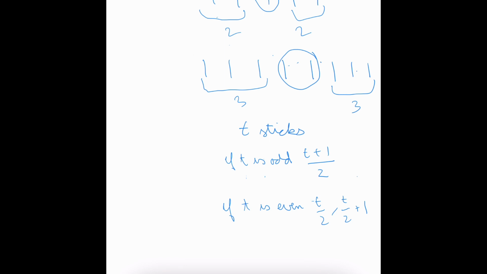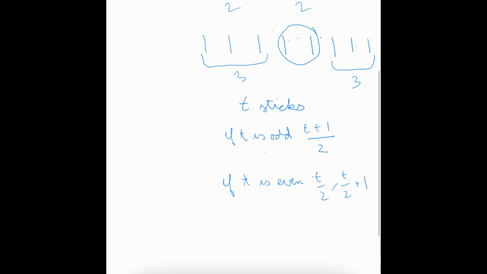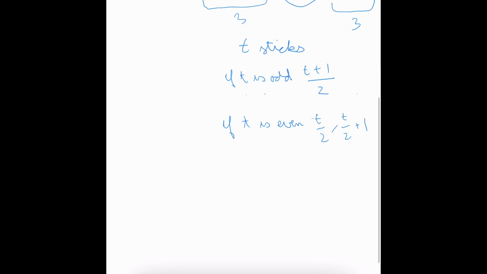Now we will be replacing these sticks with the actual binomial terms. One thing you should remember is that for a binomial expression which is raised to power n, there are n plus 1 terms. So we can accordingly derive the formula in terms of n rather than t.